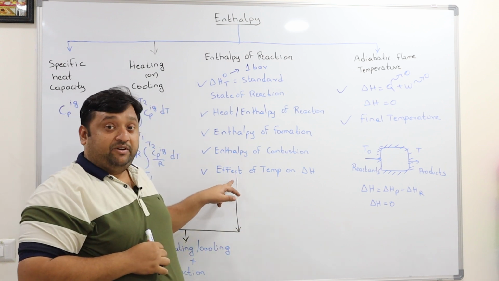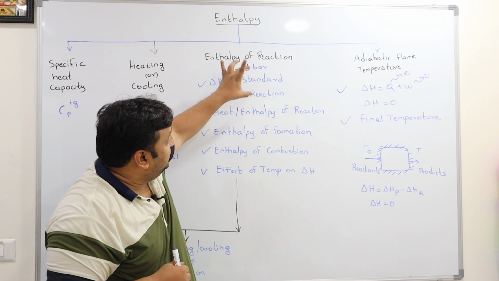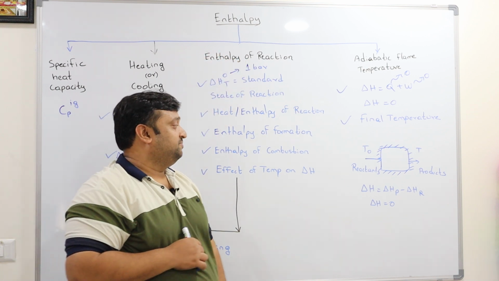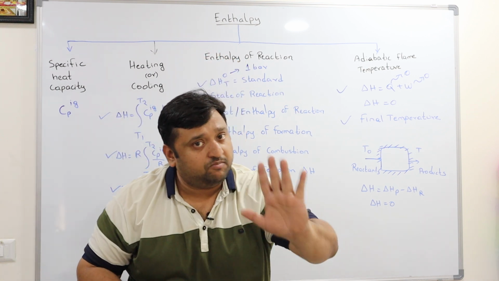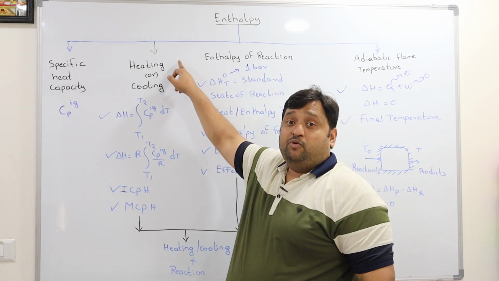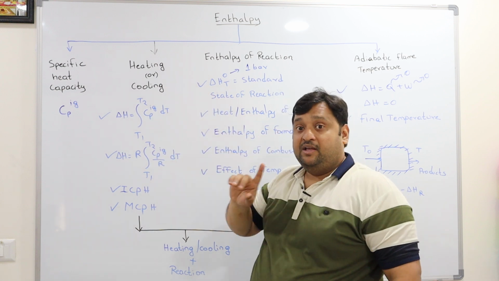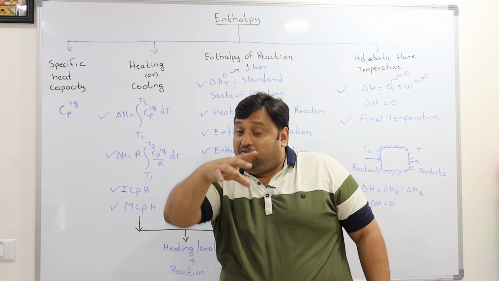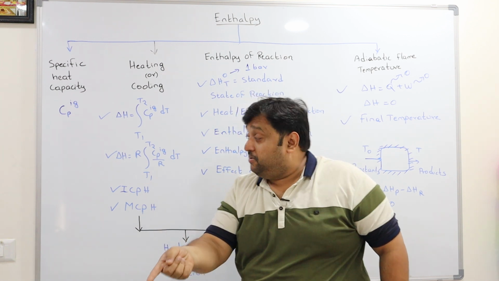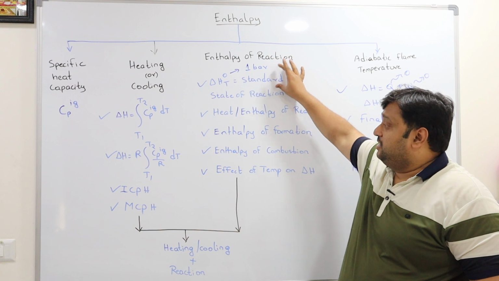So the last thing we are going to find out is how temperature is affecting the standard state enthalpy of reaction. Standard enthalpy of the reaction, both are the same. Once you know these two, you know that in heating or cooling situations you have to apply this. When, along with the heating and cooling, the reaction is also happening, you have to find out the standard state enthalpy.